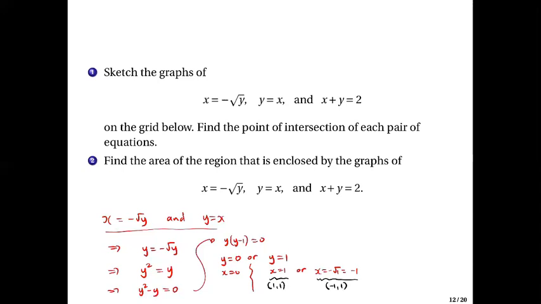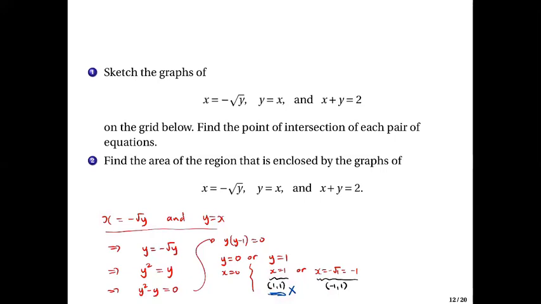This one here is a no-no because you want to intersect this with this curve, but your x's must be negative. The x value here is positive, so it cannot be this one. Possibly it's this one, because your x is negative 1.